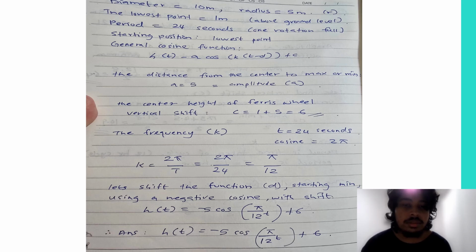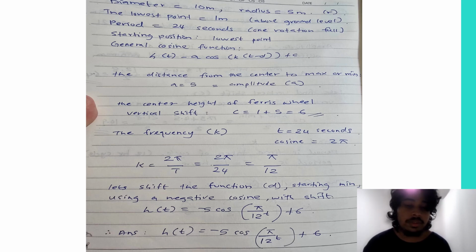The center height of the Ferris wheel, the vertical shift, is c equals 1 plus 5, which equals 6. For the frequency k, the time is 24 seconds, and the cosine period is 2 pi. And the equation is as shown, and the answer is pi over 12.